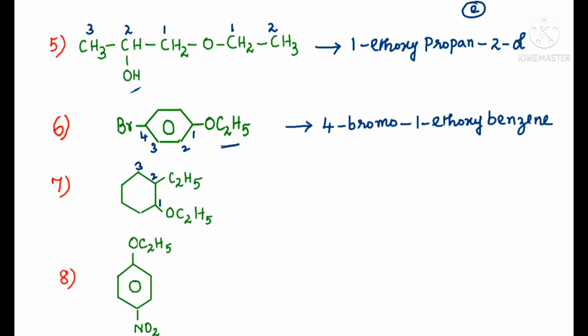You should give preference to the ethoxy group. So 1-ethoxy, 2-ethyl. Then we are having a cyclohexane, is it not? So you should write the name as cyclohexane. Understood, students?